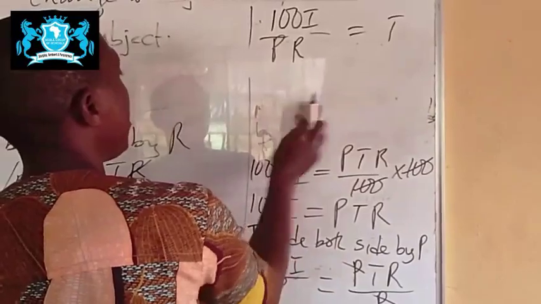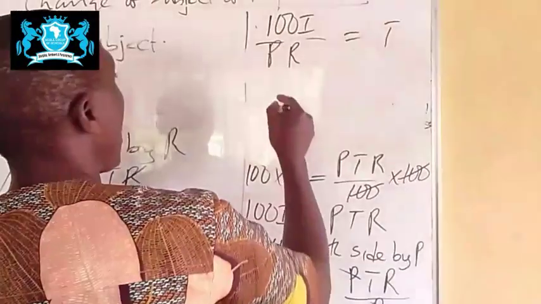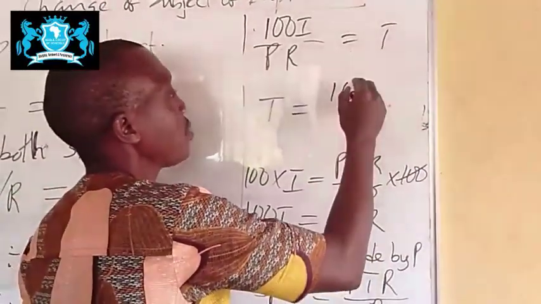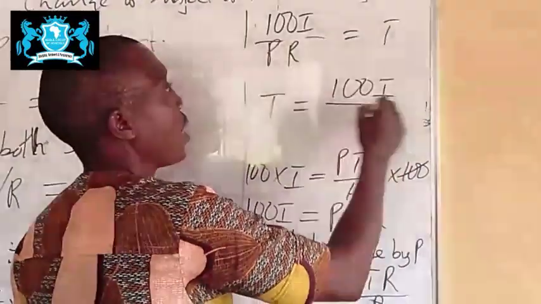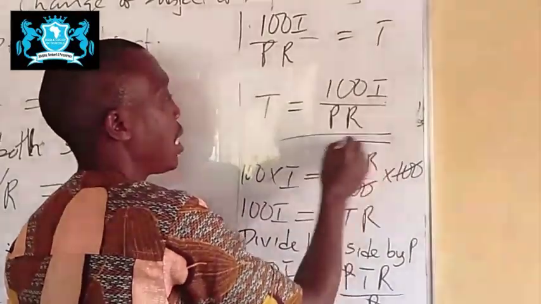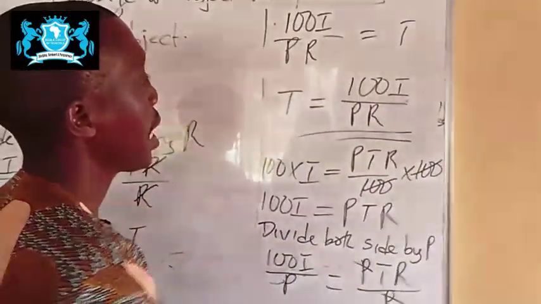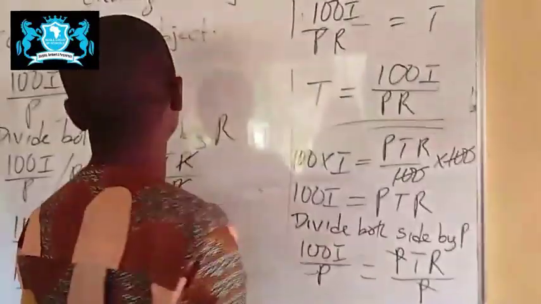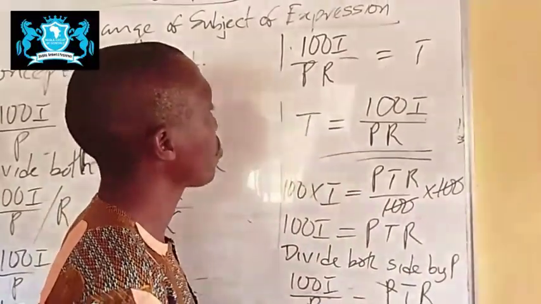Therefore, we will rewrite the expression as T equal to 100I over PR as the final answer. And that will mark the end of making T the subject of the expression.